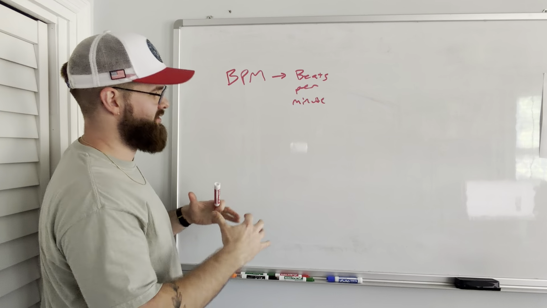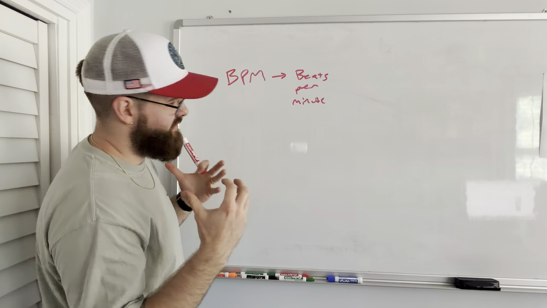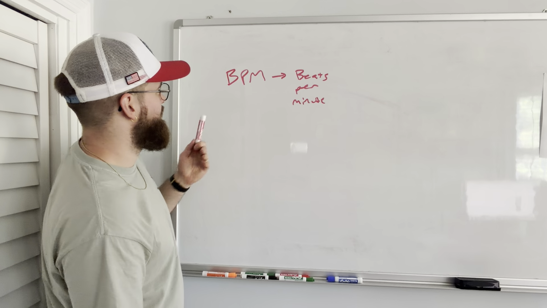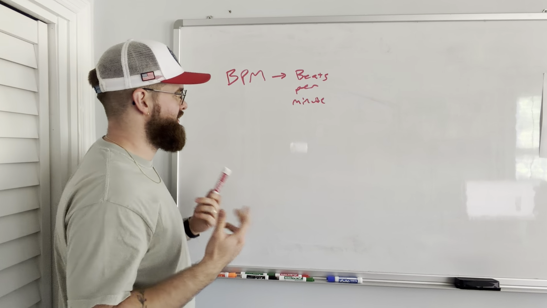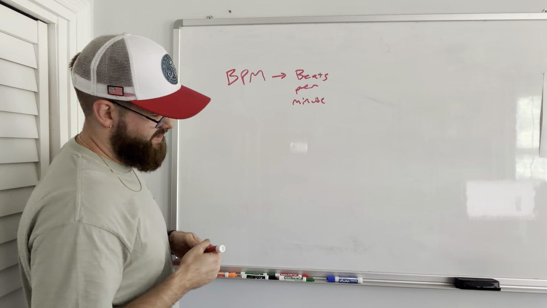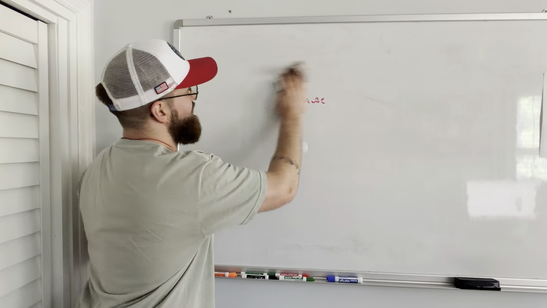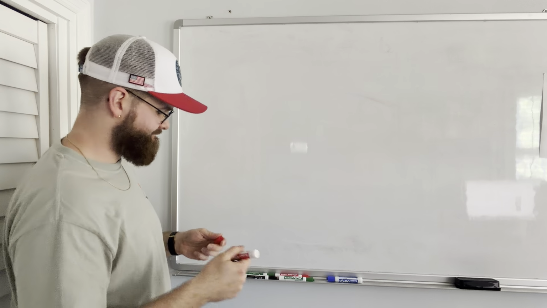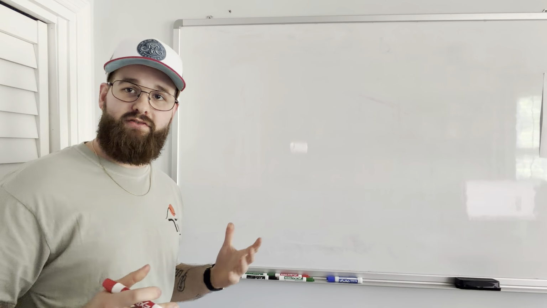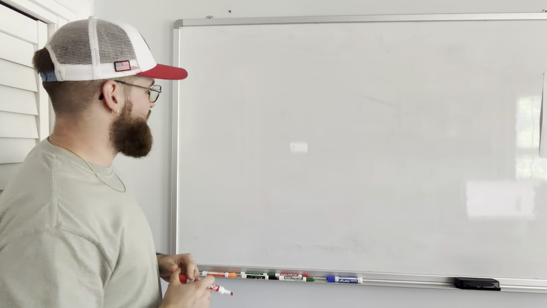The slower the BPM, the slower you play, the slower you count. And BPM is represented by a numerical value, all right? And it's beats per minute. So let's keep that in mind, because that's going to impact what we're going to talk about later in the video, which is our click, okay?